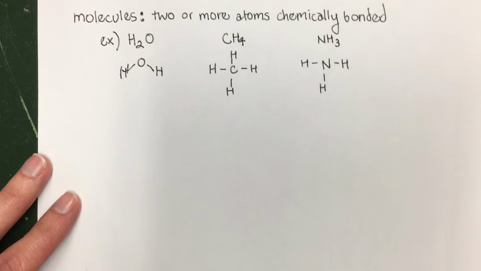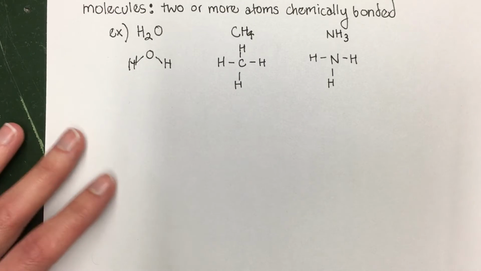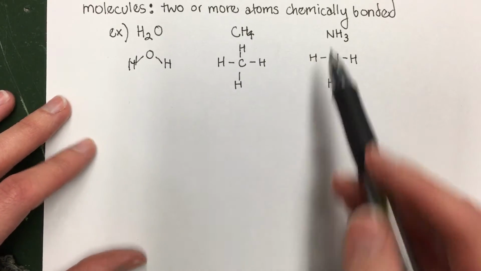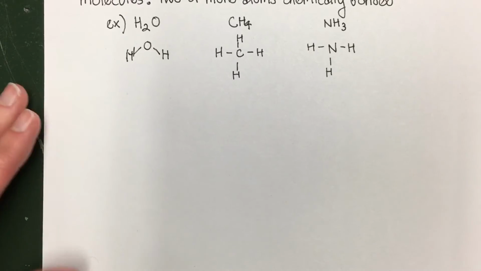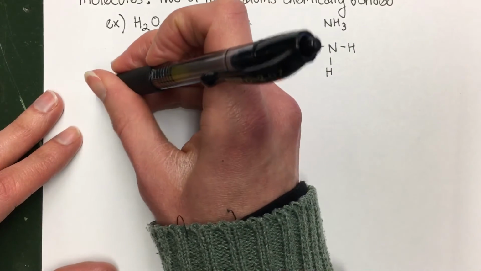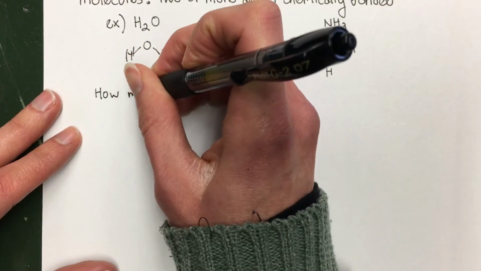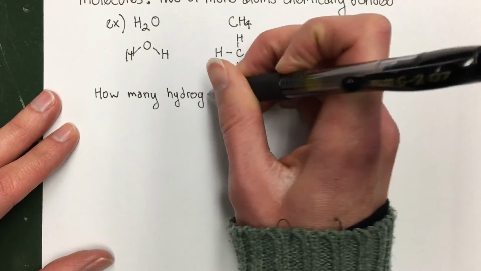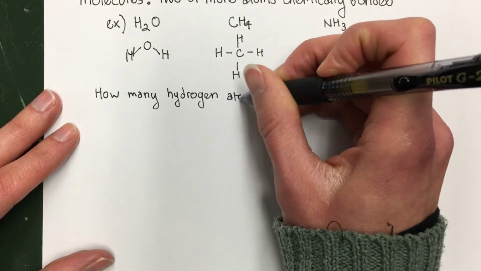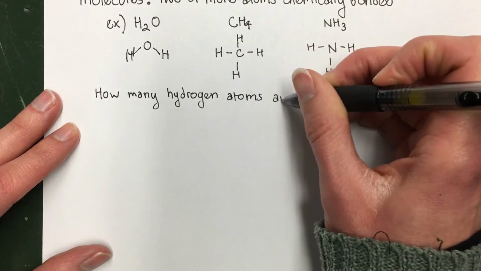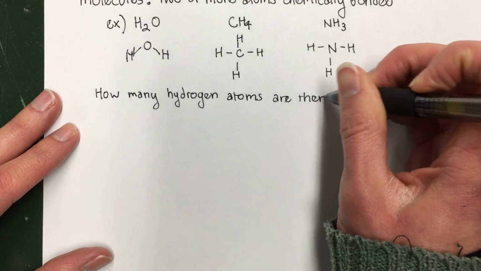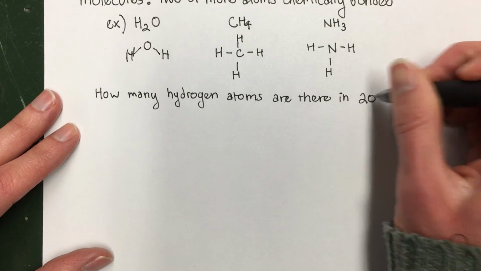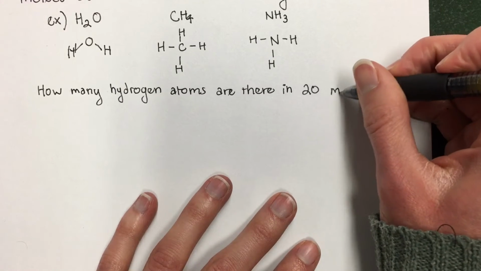And I want to show you how we can use conversion factors to make ratios between the number of atoms in a molecule. So let's say I ask you a question like, how many hydrogen atoms are there in 20 molecules of water?